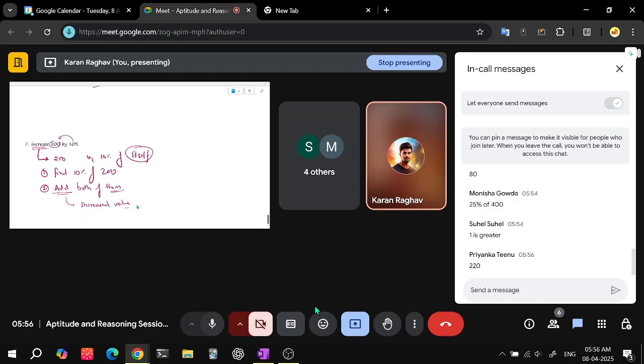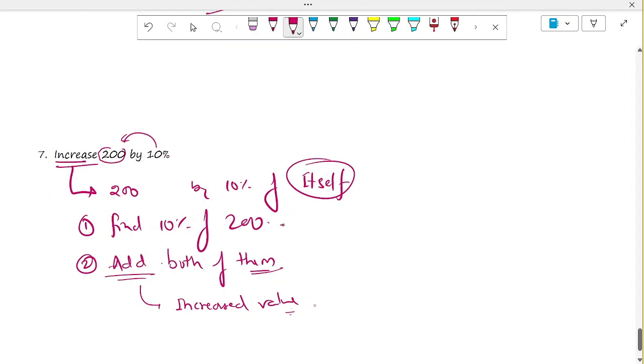Increased value. So anybody, any answer? Yes, I got an answer, that is 220. Others, just give a try. I'll solve the question. So according to this step, you are going to find 10% of 200.